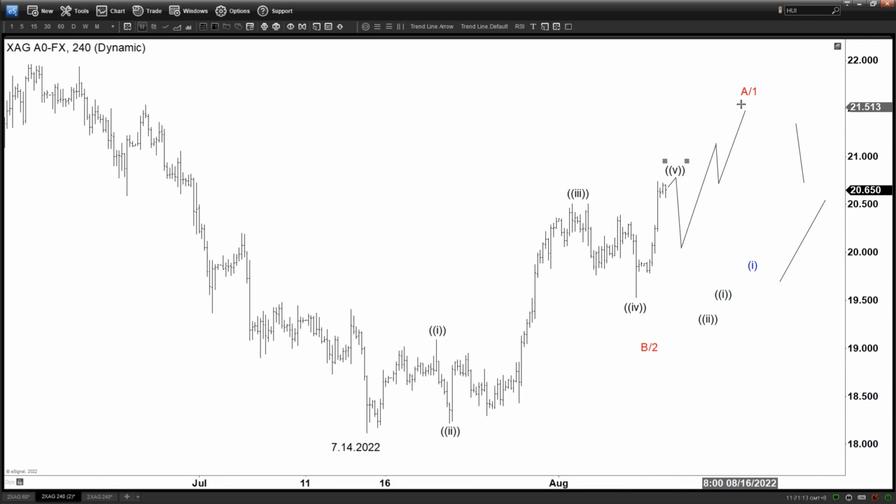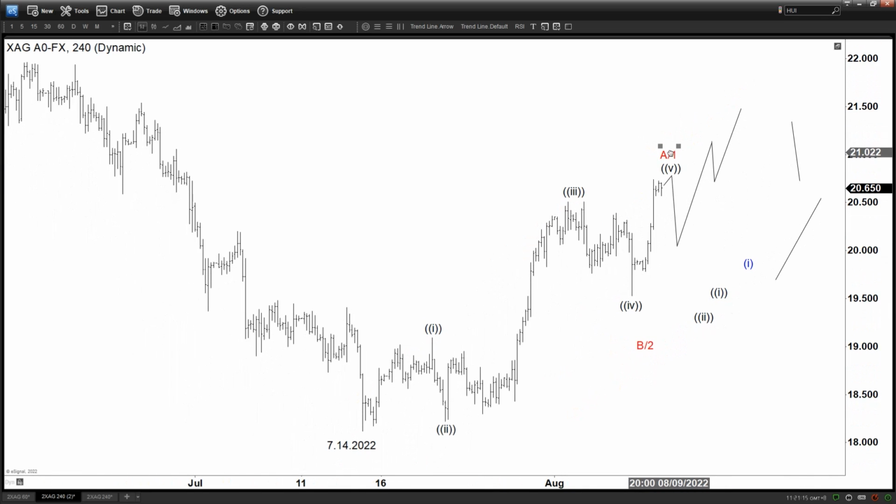And then the primary count we are calling for is this one. This is what we are expecting, the call that we make. So we should be looking for this pullback, correcting this entire cycle. Typically that pullback, if it is in the P, we should be expecting around 38.2% retracement minimum.